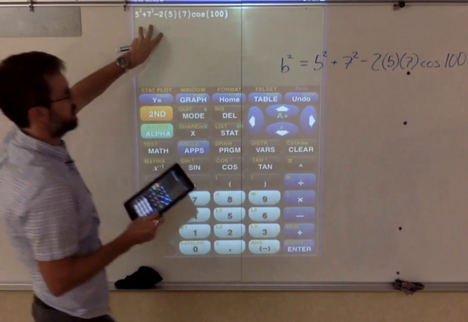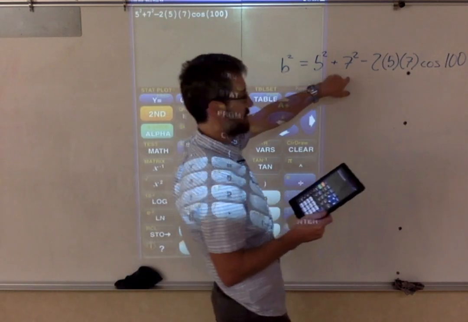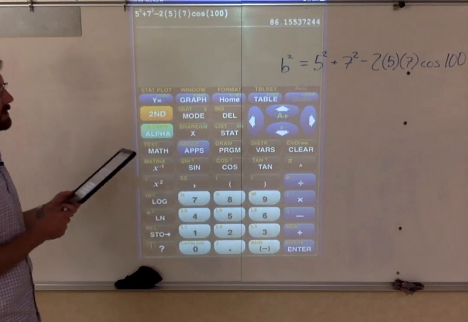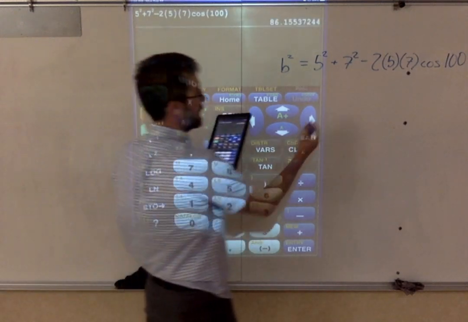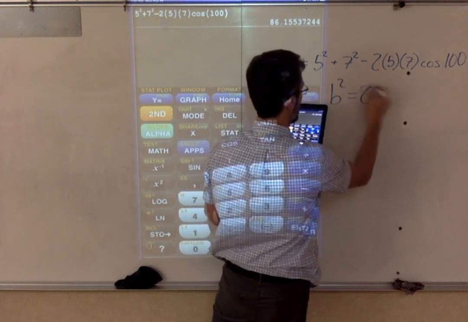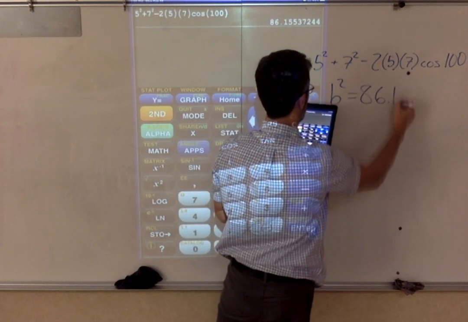So it looks pretty much exactly the same as this, except parentheses around the 100. Hit enter, and I get that b squared is equal to about 86.16.